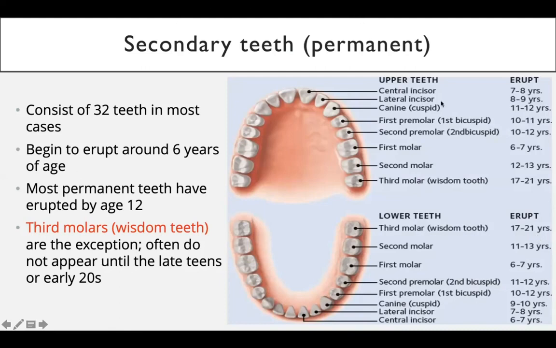If we annotate this, all of them start erupting from 6, 7, 8, 9, 10, 11, 12, up to 12 or 13. Only one is an exception, going up to the late teens or 20s. Yeah, 21 years or the 20s.